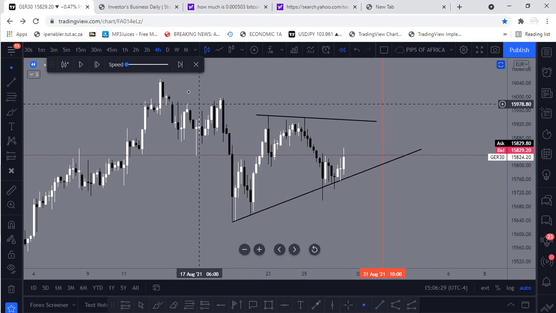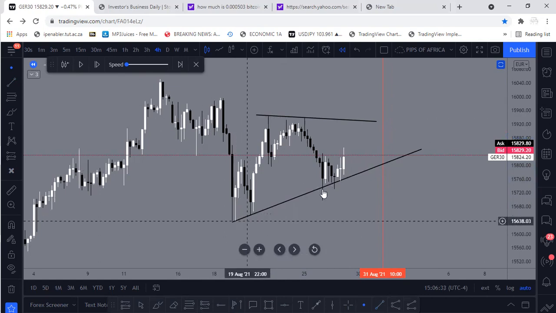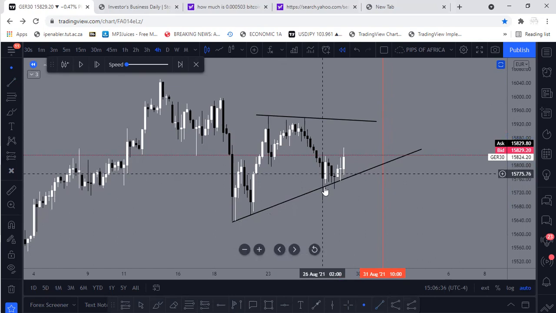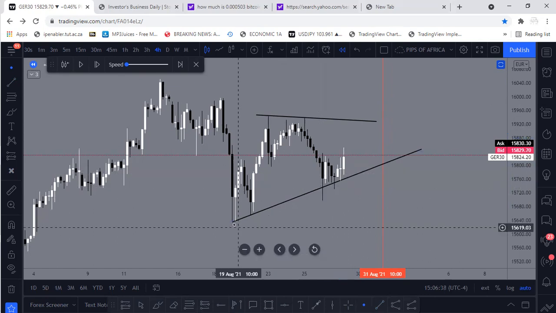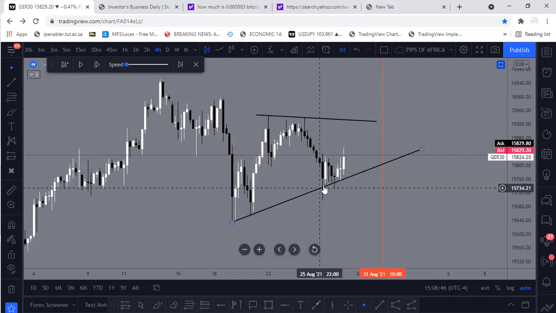Remember, I'm on the 4 hour time frame here. So 1, 2, they were waiting for the third touch. Look what happened. They had 1, 2, and they were waiting for the third touch, and look what happened.